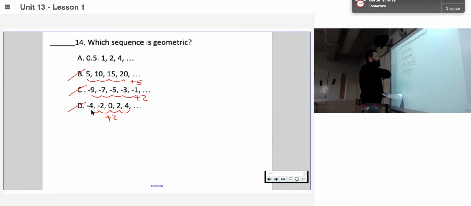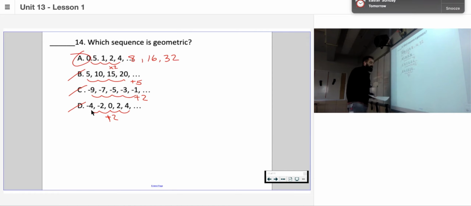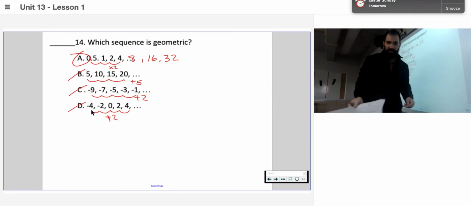We're adding. Doesn't work. Times 2, times 2, times 2. Half times 2 is 1. 1 times 2 is 2. 2 times 2 is 4. 4 times 2 would be 8. 8 times 2 is 16. And so on and so forth as I go. Geometric is A.